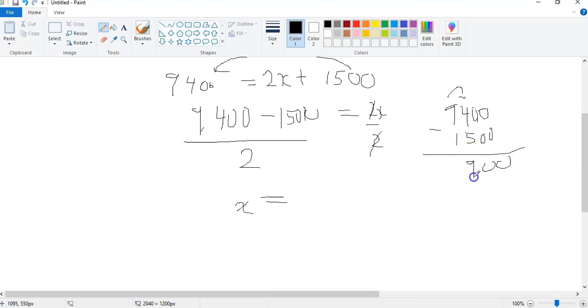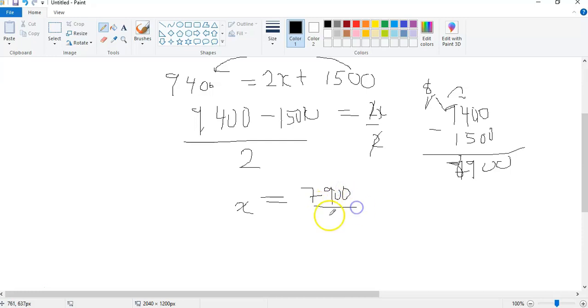So you get 9 here. We borrowed 1 here, so it's not 9, it's 8. We have 8 minus 1, so here it's supposed to be 7. So we have 7,900.